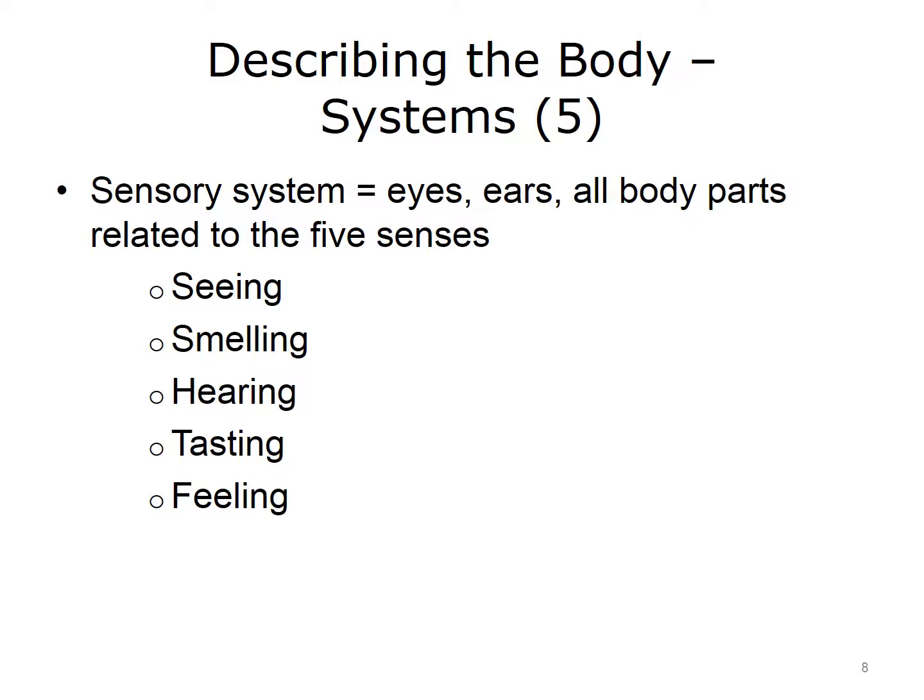And finally, the last system is the sensory system. This system includes the eyes, ears, and all body parts related to the five senses of seeing, smelling, hearing, tasting, and feeling. Some parts of this system may be included within other body systems, but the primary components of this system are the eyes and ears.